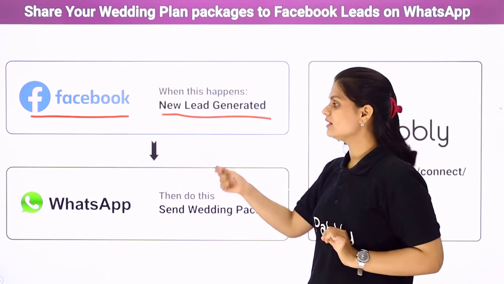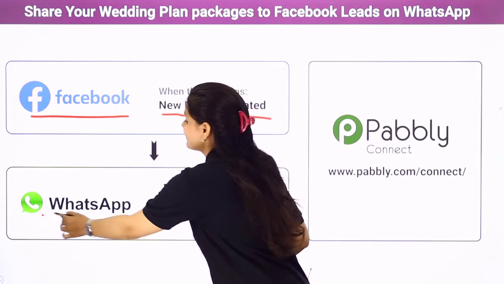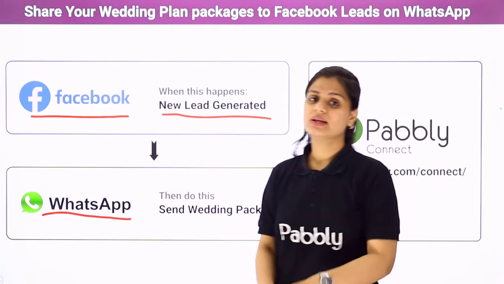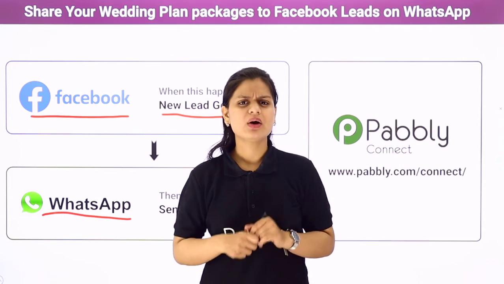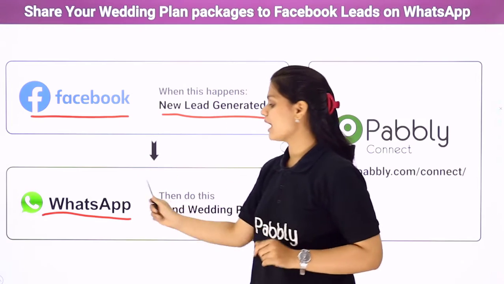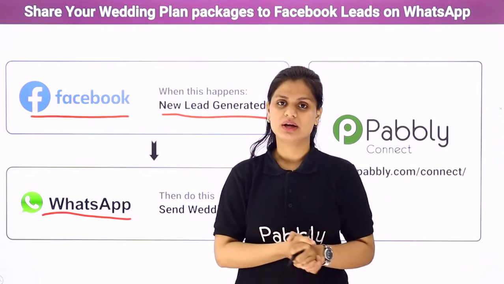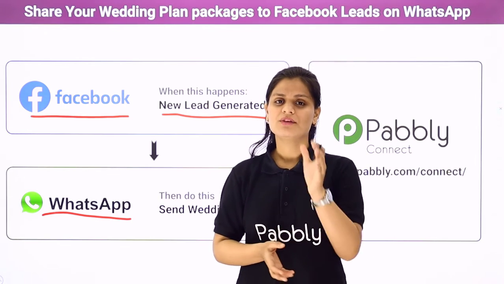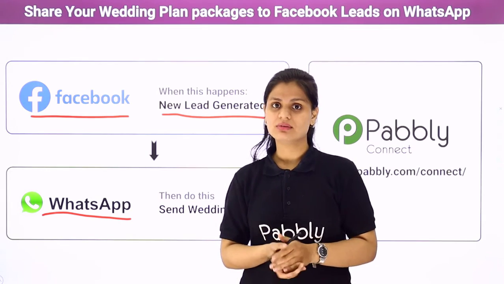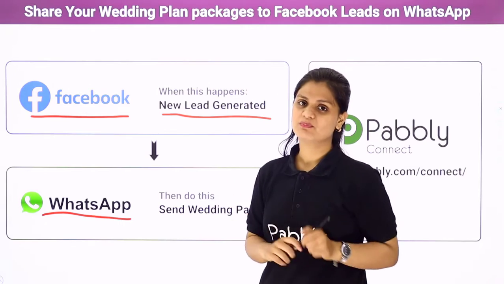So once a new lead is generated, I want to send a WhatsApp message to them along with the wedding plan packages. Now here the challenge is Facebook and WhatsApp do not have any native integration or any direct connection. So how am I going to do that? If I perform this task manually, it is going to take a lot of time. Why?